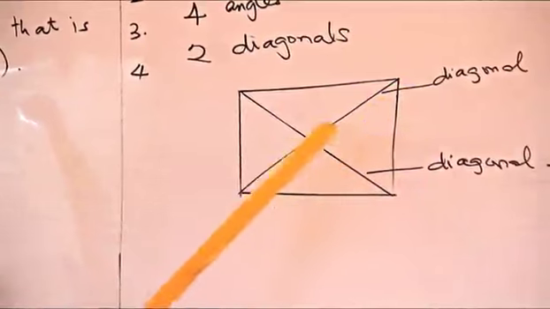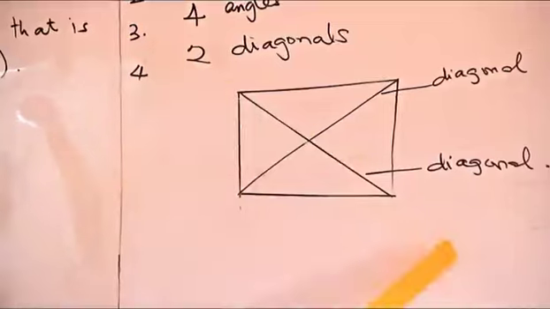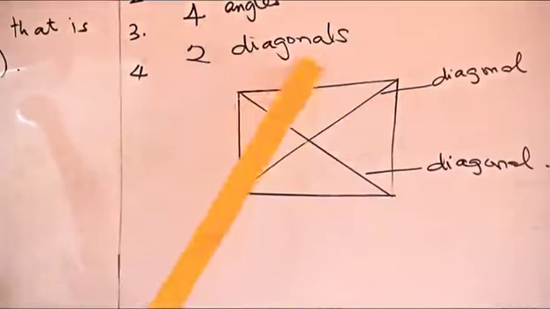So for a rectangle it has two diagonals. You have this one and this one making two diagonals.